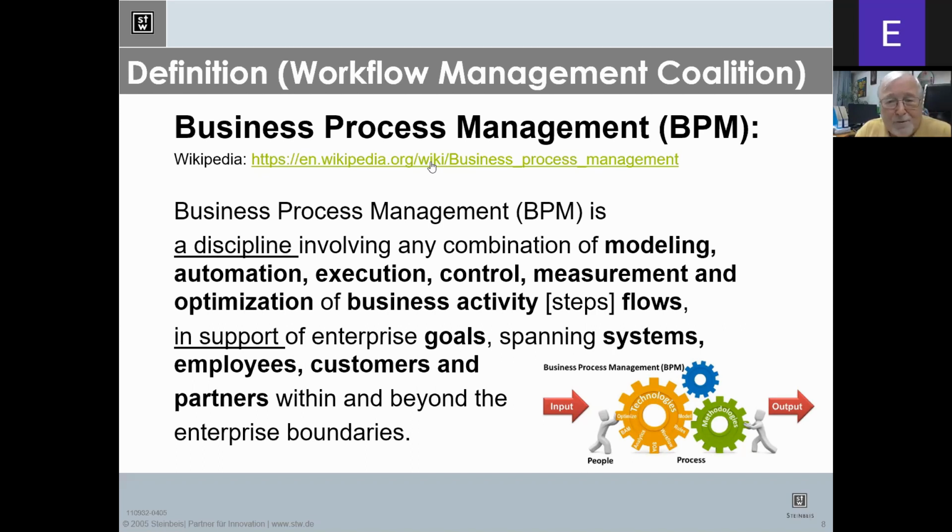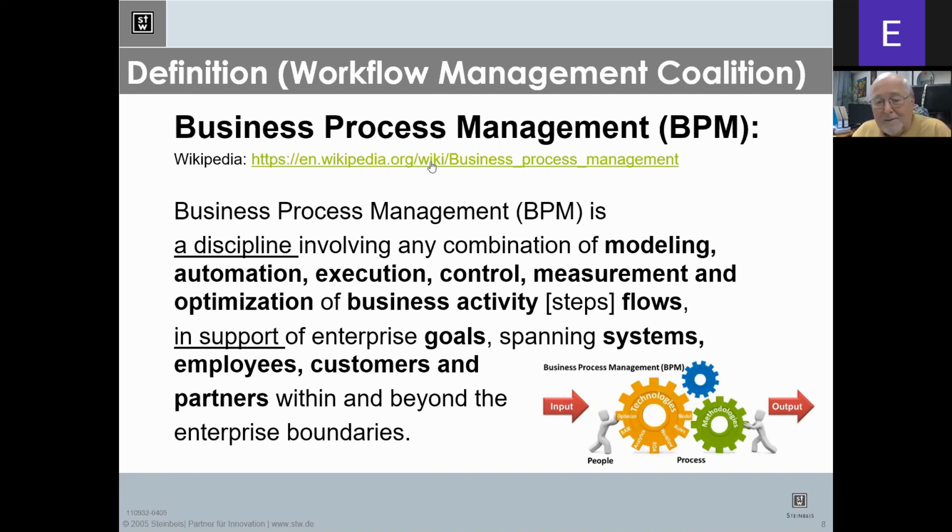And as a definition, we have: BPM is a discipline involving any combination of modeling, automation, execution, control, measurement, and optimization of business activity flows. That means we have a lot of activities here. We are measuring things, we are controlling things, we are modeling something. Everything belongs to the domain of BPM.